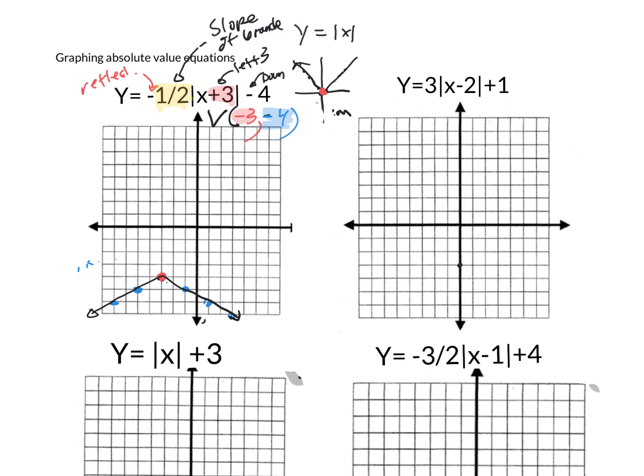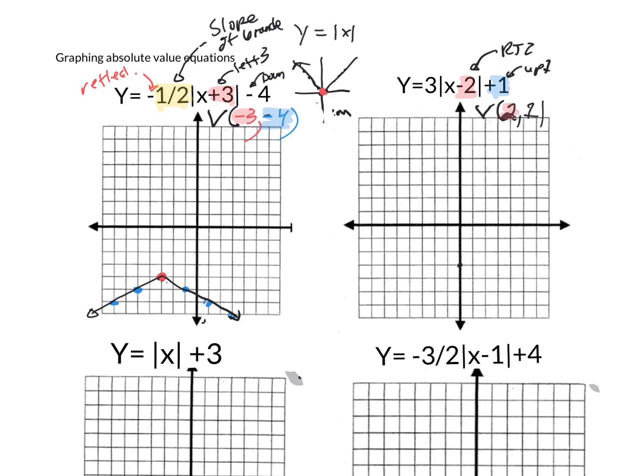So let's try the next one. Doesn't this say we're going right 2 and then up 1? Therefore, our new vertex is going to be (2, 1). If you're going right 2, that means the new vertex is +2 and 1.